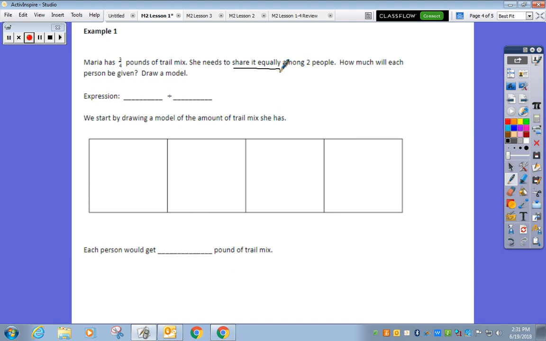So it's just the actual operation of what we're doing. In this case, we're starting with 3/4 pounds. We're going to take the 3/4 pounds of trail mix and share it equally, which is another way of saying divide. We're going to divide it among 2 people. When we start with a fraction in a division problem, we're going to start by drawing that fraction.